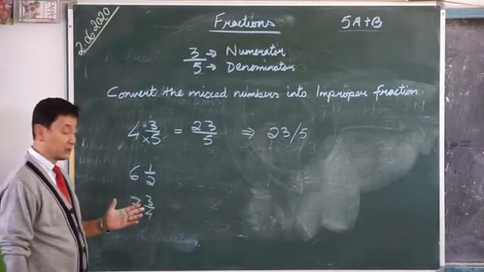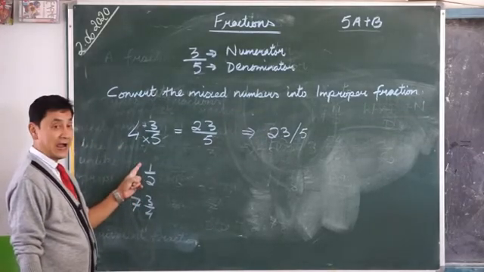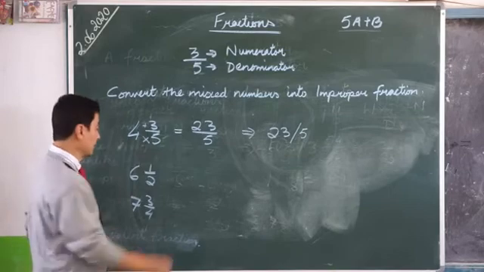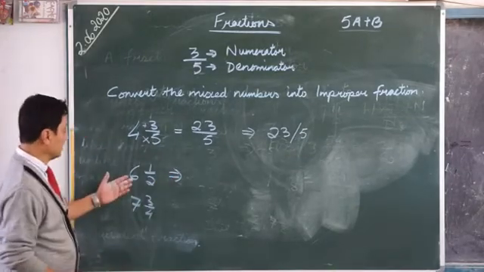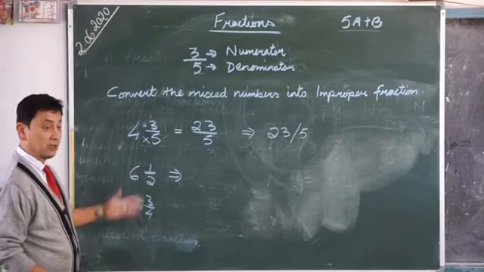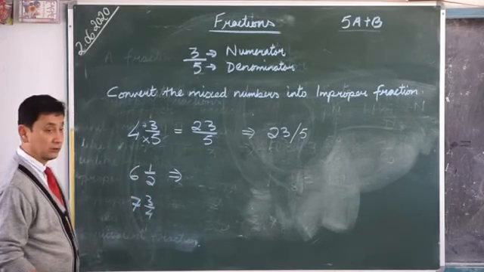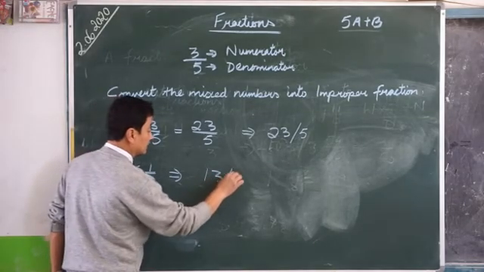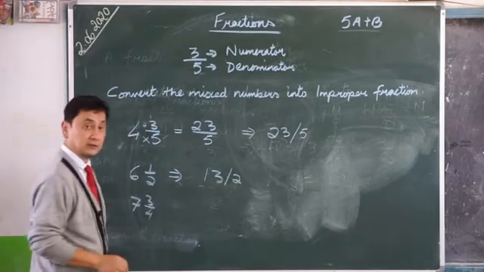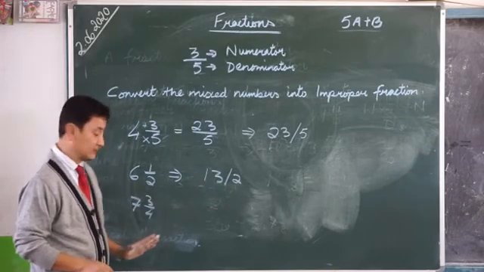In your exercise book, multiply, add. After doing that, look at your exercise book and write the answer. So 6 2s are 12 plus 1, 13 upon 2. So you must write it 13/2. Did you get it? Put a slash, it will be easier.